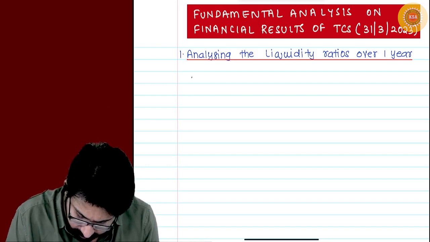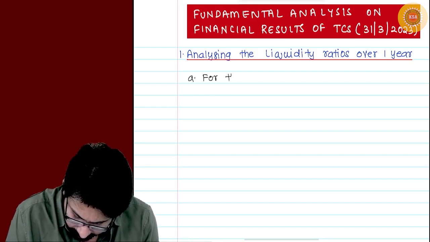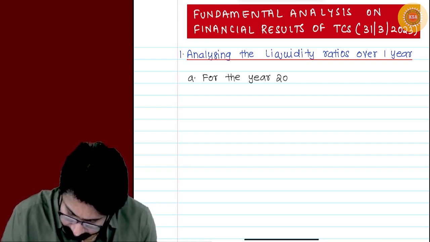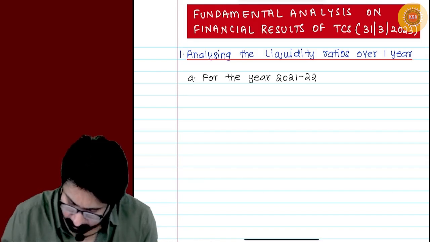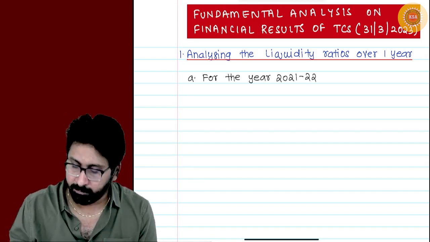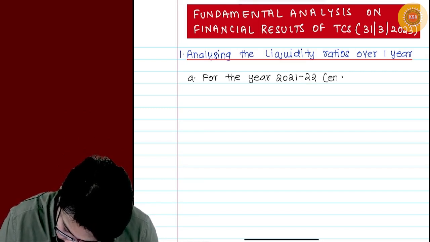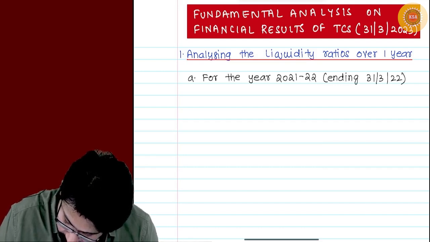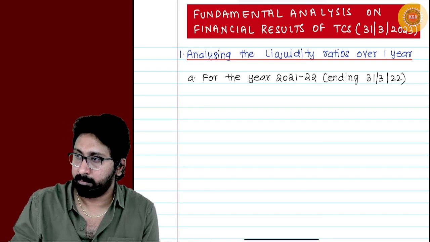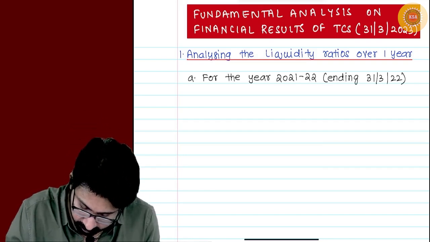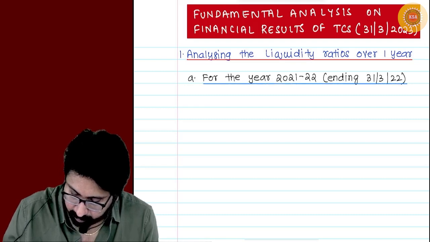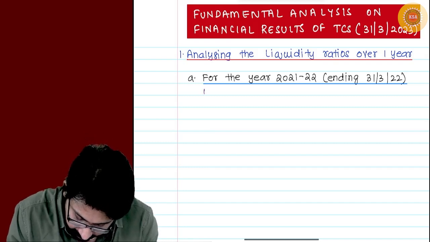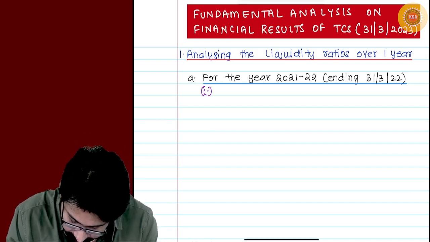First, write down A. For the year 21-22, ending 31st March 22. First, you tell and write what is the first liquidity ratio.